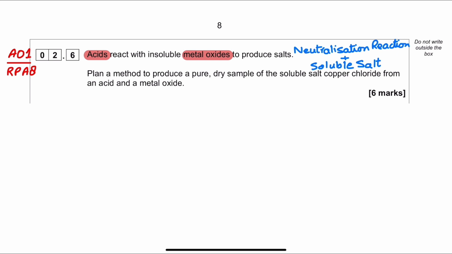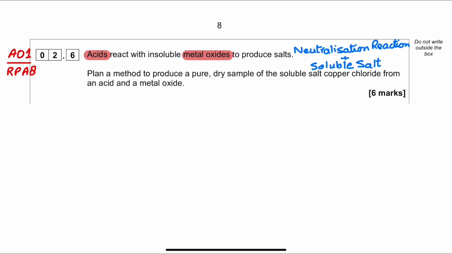Plan a method to produce a pure dry sample of a soluble salt, which is copper chloride, from an acid and a metal oxide. So we need a metal oxide, and an acid which is going to give us chloride, so that we can get the salt, copper chloride. We need a method to produce a pure and dry sample of copper chloride crystals.